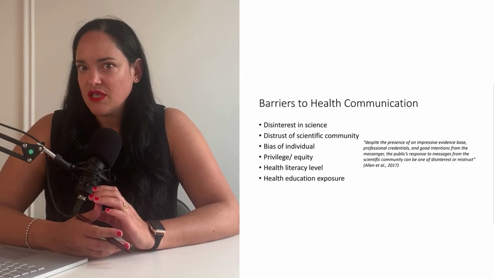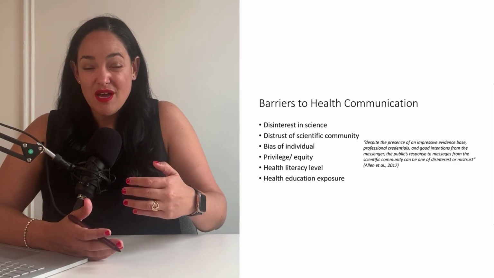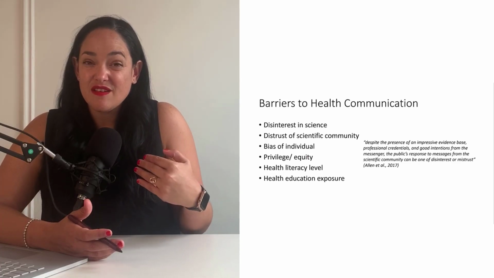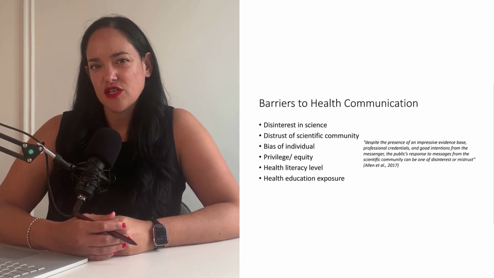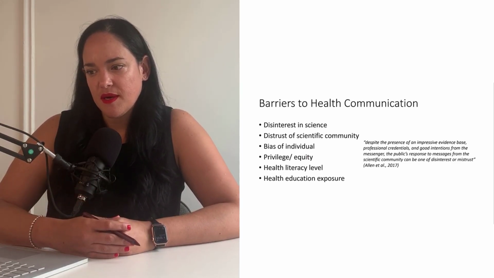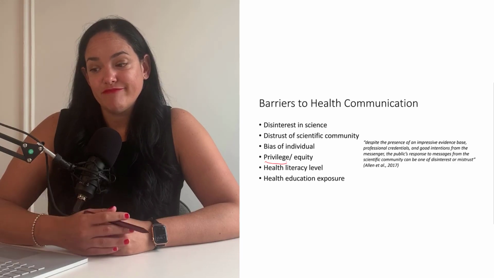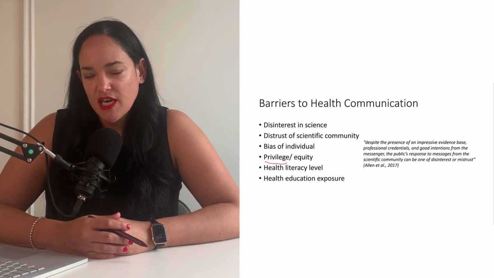We have to really understand what our population thinks about how we're framing a message, and the context of that message and what barriers they might have to actually hearing the meaning we want to give to them, okay? Also, some people have more privilege in their level of, let's say, health literacy or health education.